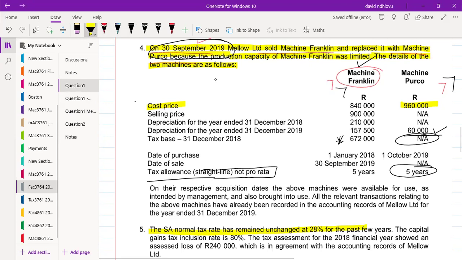Let's read further. On their respective acquisition dates, the above machines were available for use as intended by management and also brought into use. All the relevant transactions relating to the above have already been recorded in the accounting records of Melo for the year ended 31 December. Now let's calculate the tax base of an asset.